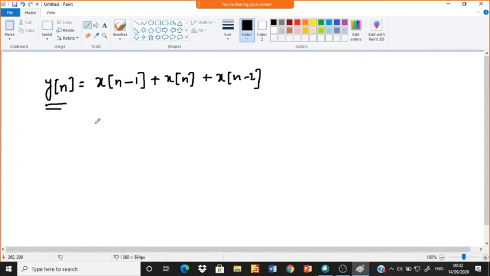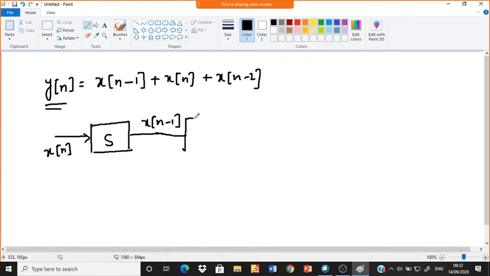Now if we represent that in terms of a shift operator, how will it be? This is the input signal x of n, and you will have a shift operator, a one-time shift, so you will get x of n minus 1. Similarly, if you give this signal to another shift operator, it will give x of n minus 2.